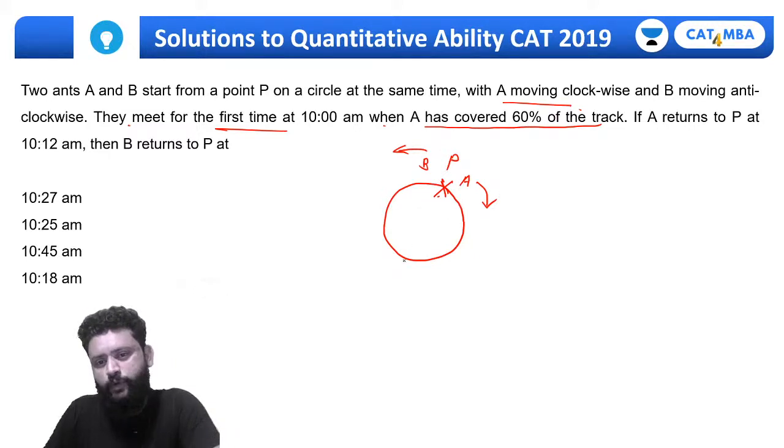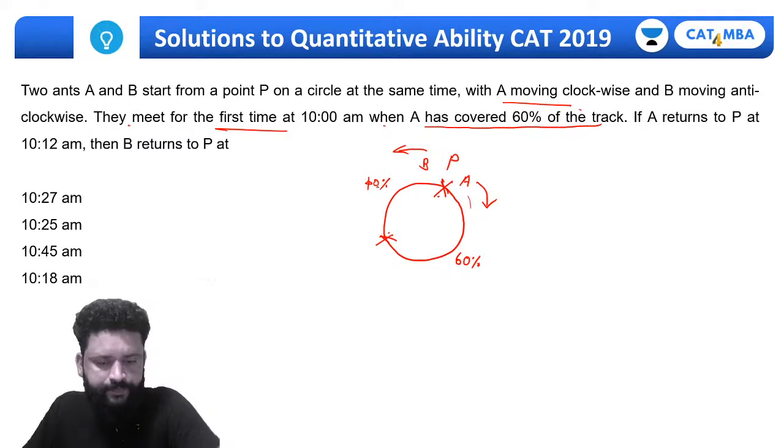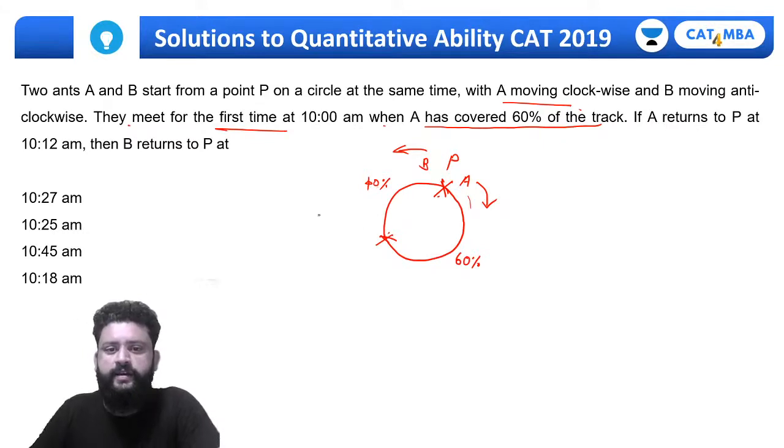Means definitely ये opposite होगा, 50% इधर कहीं होगा, 60%. ए ने 60% ट्रैक खत्म कर दिया and बी ने सिर्फ उतने ही टाइम में 40% ट्रैक खत्म किया, right? And the time when they met for the first time is 10 o'clock.